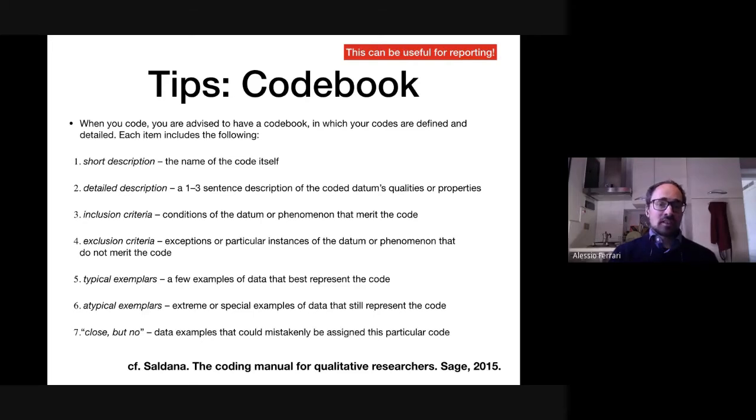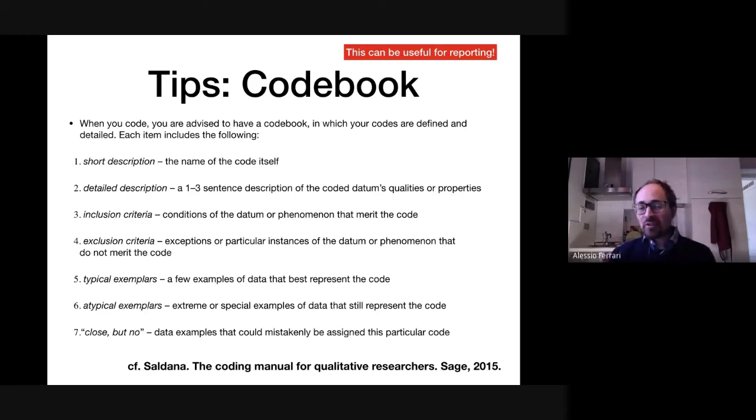Some inclusion criteria, so criteria that you should use when considering whether a sentence or a fragment can be associated to that code. Some exclusion criteria, the opposite, and some typical examples, and some special atypical examples, so cases that may lead you to think that they represent the code, but actually they don't.